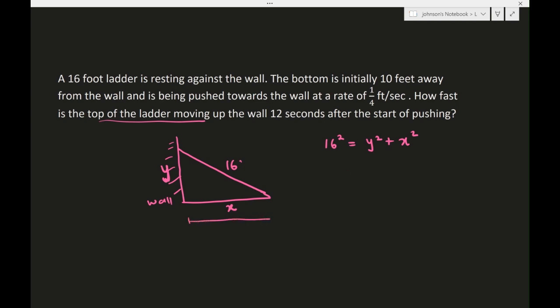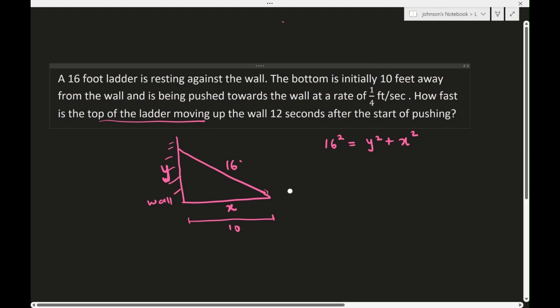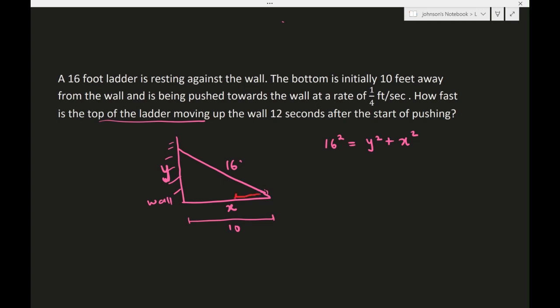So if initially the distance from here to here is 10, now you push this ladder here. If you push this ladder a little bit, it means this ladder will move here.